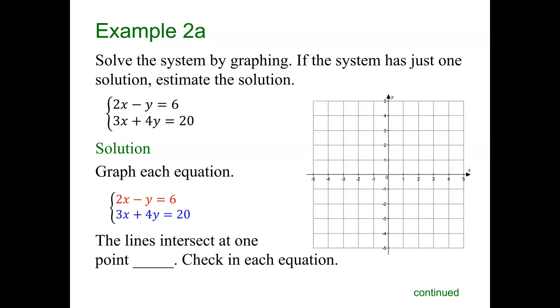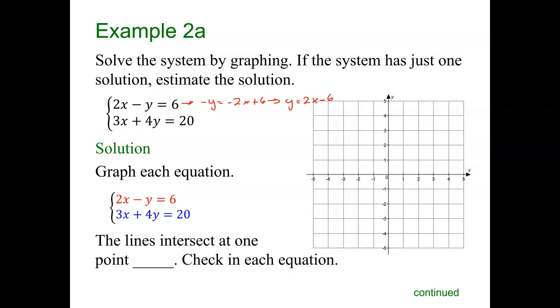Now, in order to graph using our graphing calculator, we need to make sure our equations are in slope-intercept form. How do I get my first equation into slope-intercept form? Yep. And then what? Divide by -1. So negative y equals negative 2x plus 6, which will become y equals 2x minus 6.